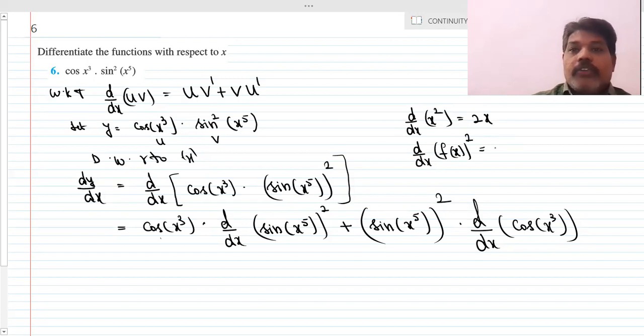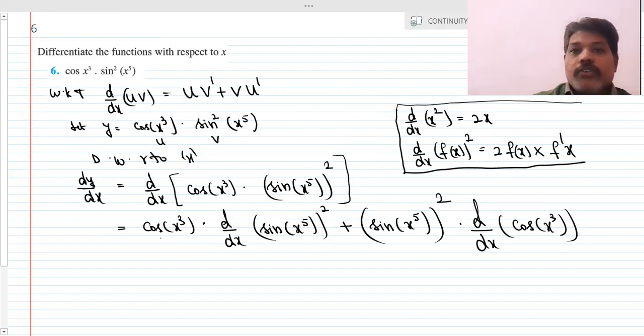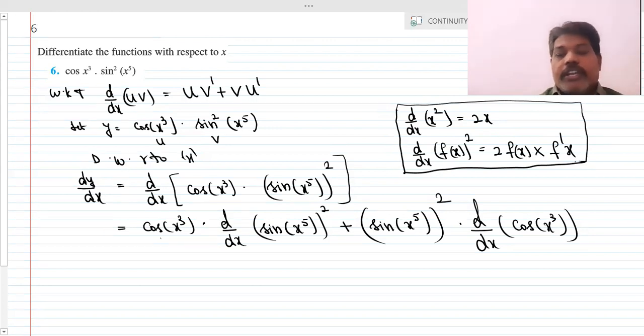We understand that the derivative of x square is 2x, but the derivative of f of x whole square is 2 into f of x into f dash of x. Understand this formula carefully, because we are going to use it here.